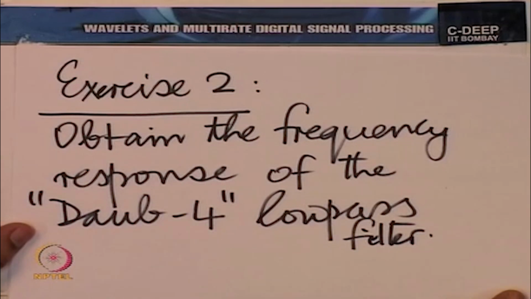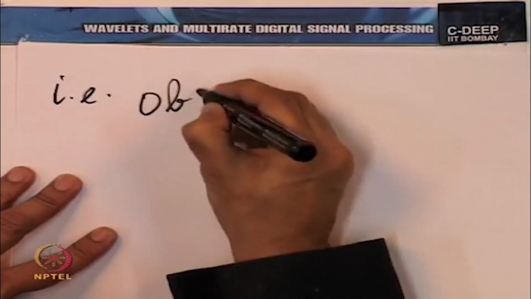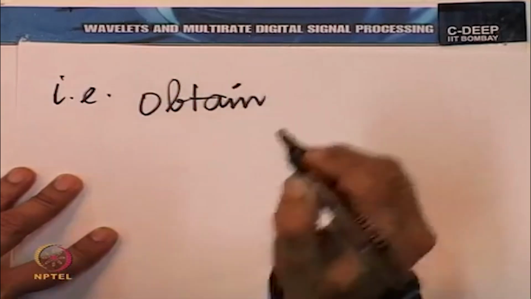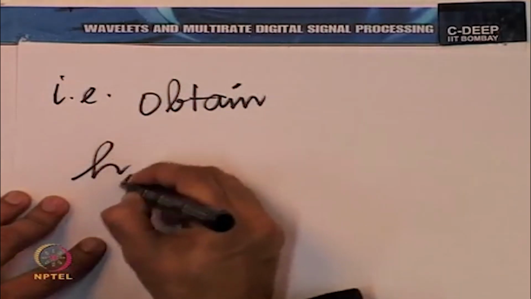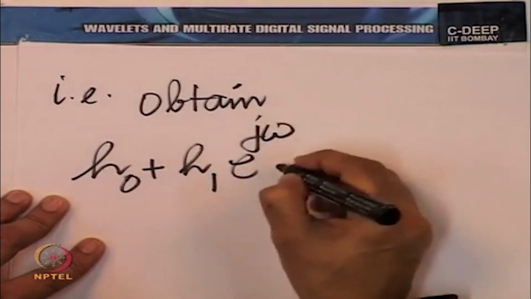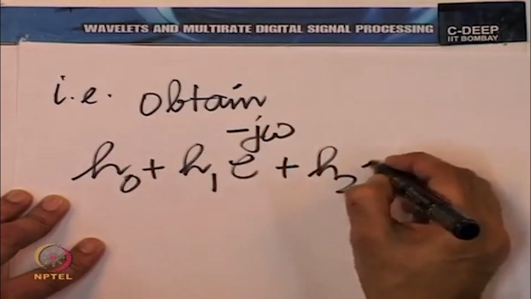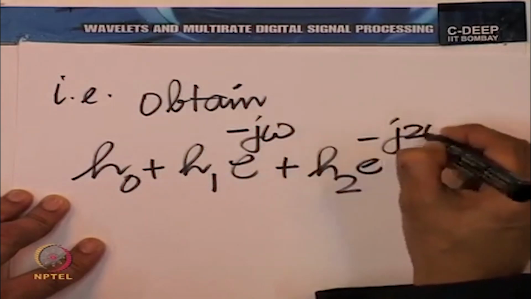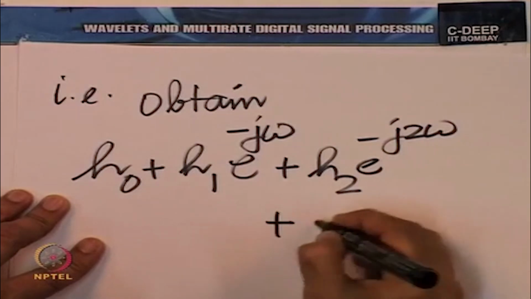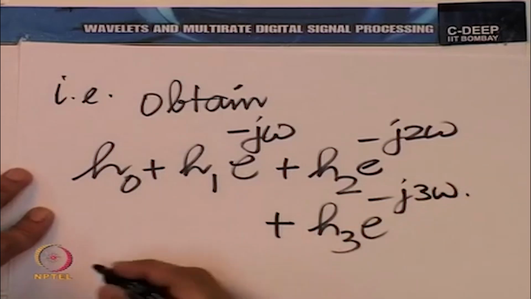So, just for completeness, let me write down the expression for the frequency response. What I am saying is, obtain H 0 plus H 1 e raised to the power minus j omega plus H 2 e raised to the power minus j 2 omega plus H 3 e raised to the power minus j 3 omega.